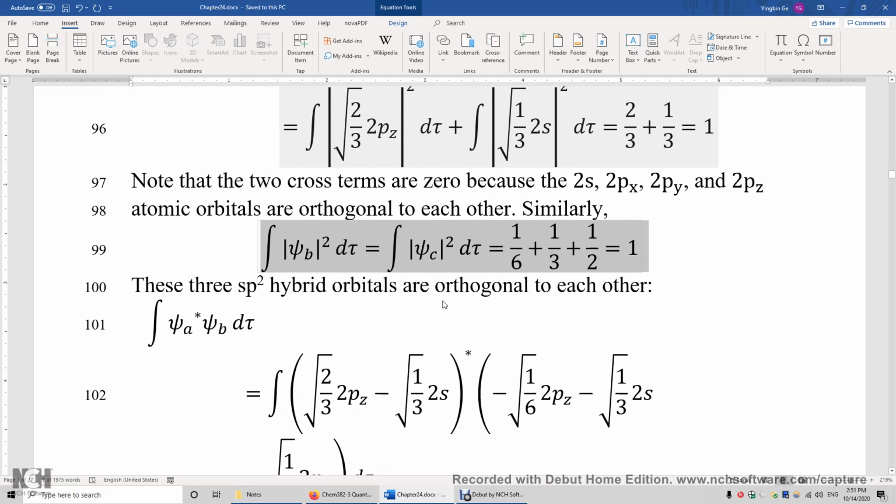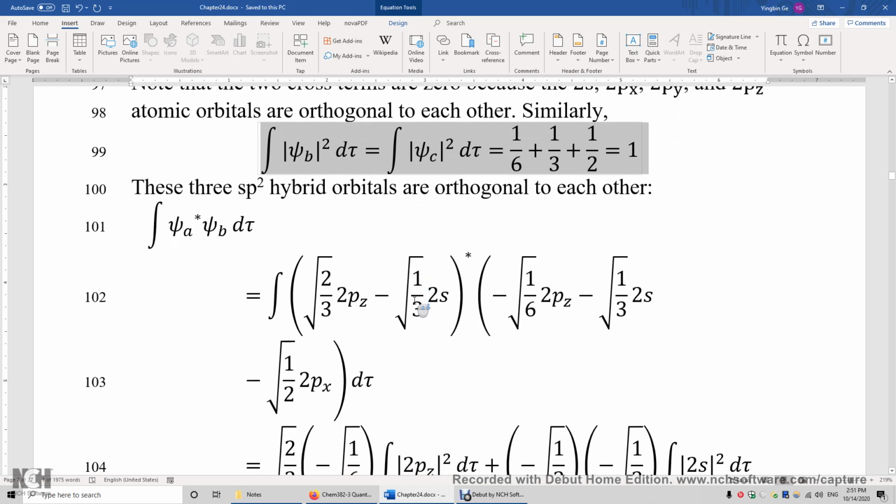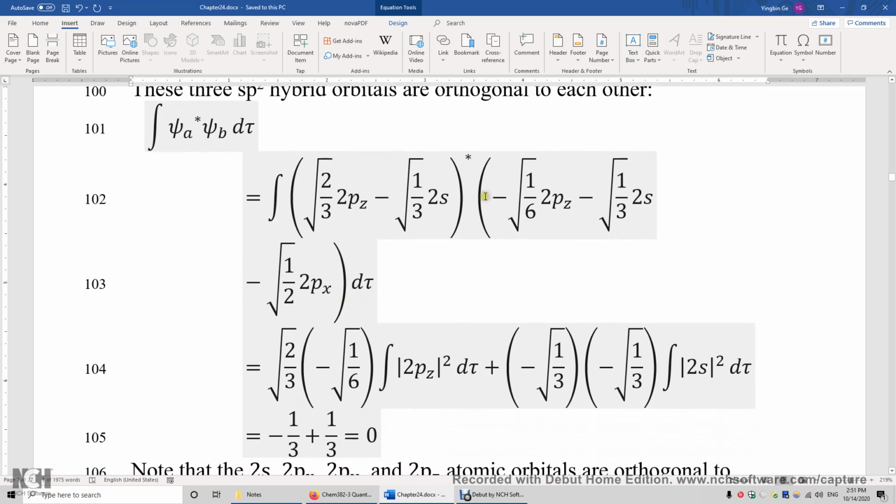We can also prove that they are orthogonal to each other by doing the integral of psi sub a complex conjugate times psi sub b. So something like this. Okay, you may ignore any integrals that involve the product of two different atomic orbitals, because again 2s, 2pz, and 2px are orthogonal to each other.